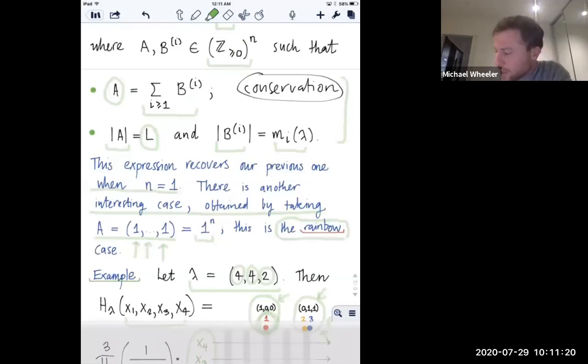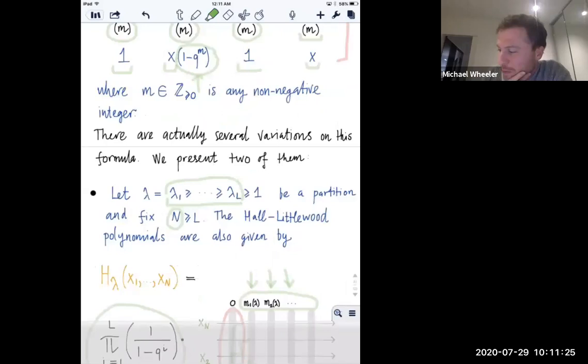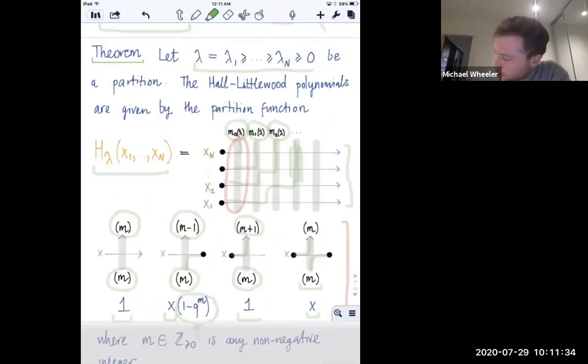The reason is that there is a certain property, the q-exchangeability property. Let's go back to the picture.